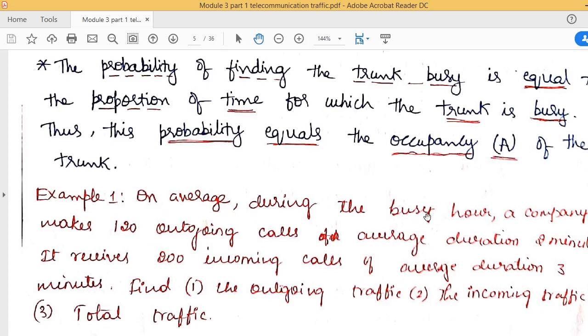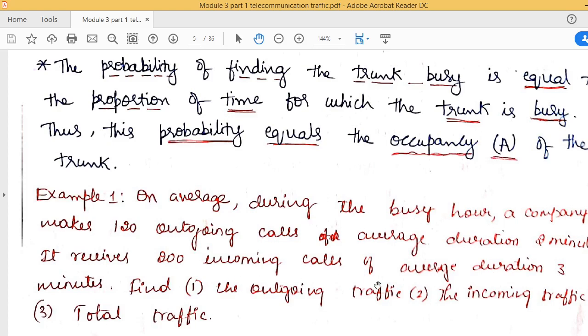So during the busy hour, that is over a duration of 1 hour, a company is making 120 outgoing calls as well as it is receiving 200 incoming calls. Outgoing calls are of about 2 minutes duration, whereas incoming calls will stay for an average duration of 3 minutes.